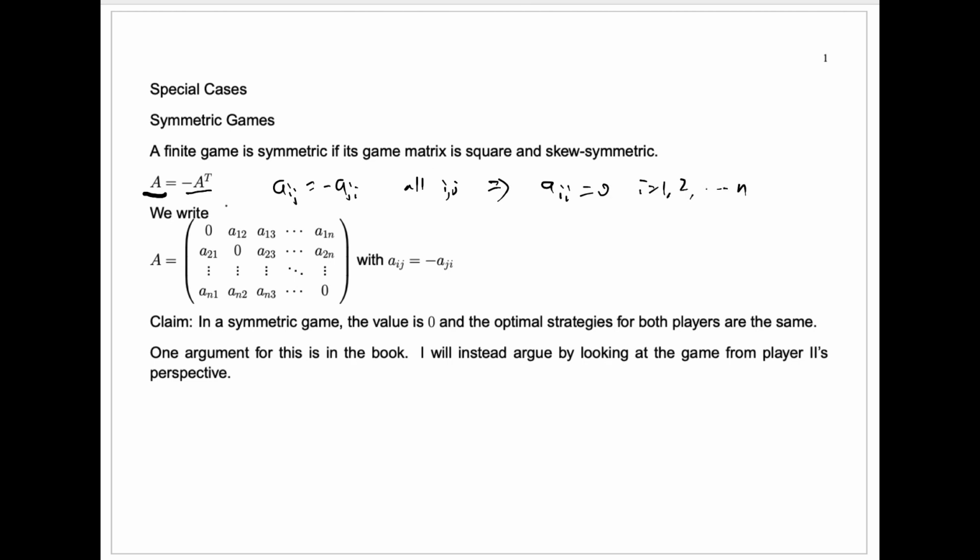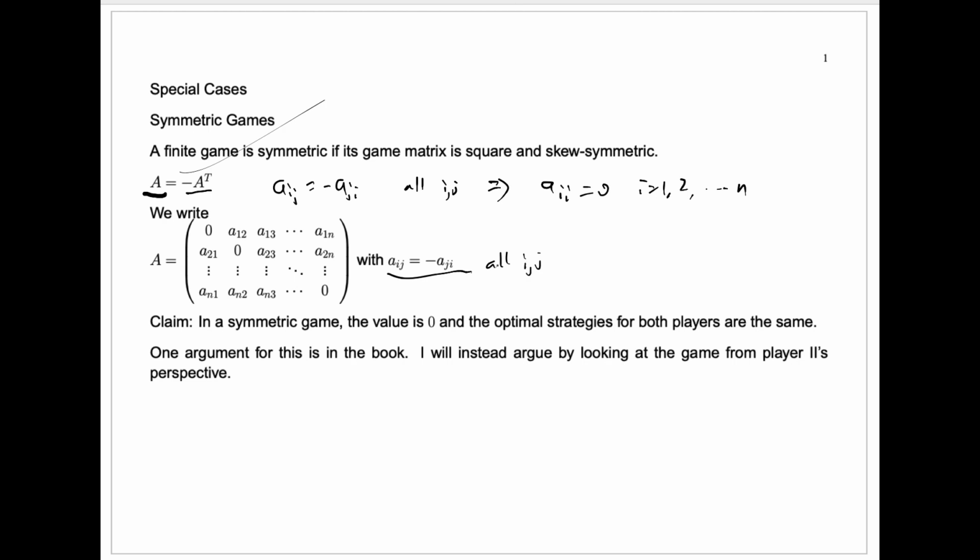The entries along the diagonal must be 0, because each entry along the diagonal has to be -1 times itself, and the only way that can happen is if the number is 0. So for a symmetric game, you're going to have a payout matrix that looks something like this, where A_21 will be minus A_12, A_n1 is the same as minus A_1n, etc. This will be true for all i and j.